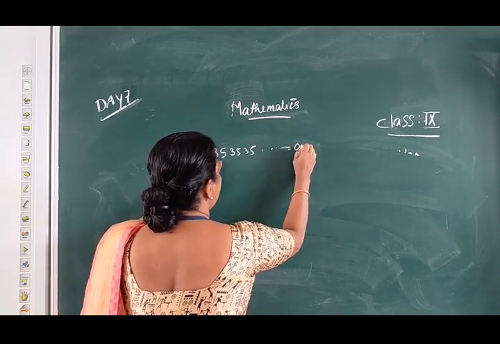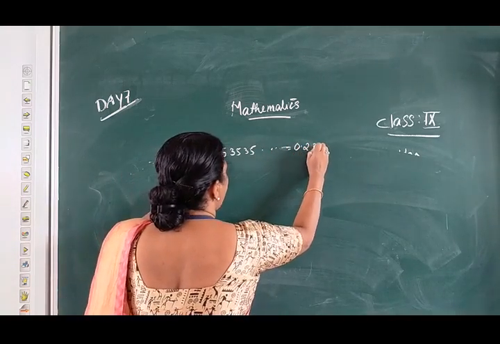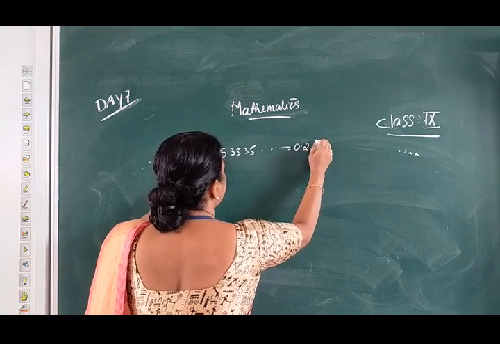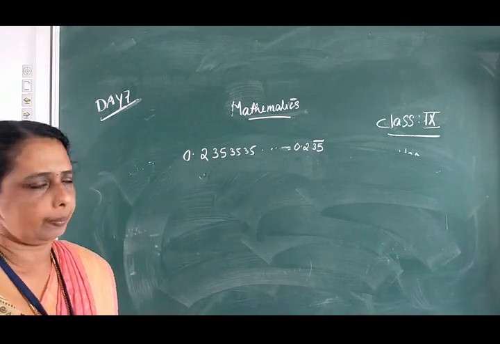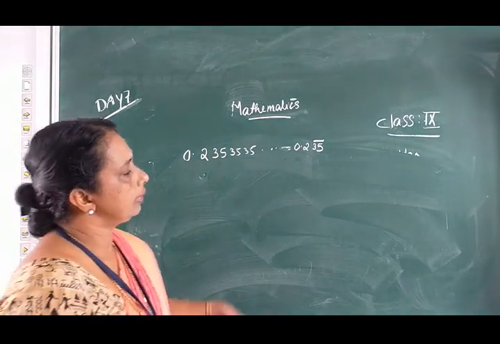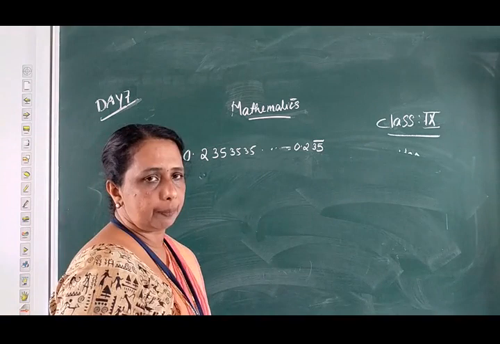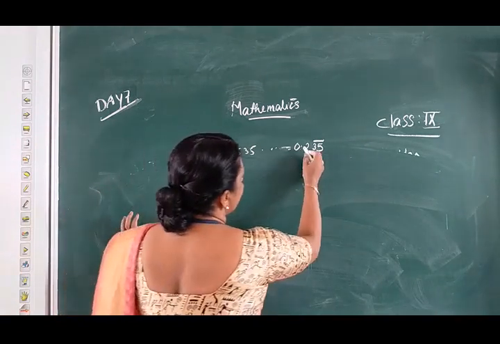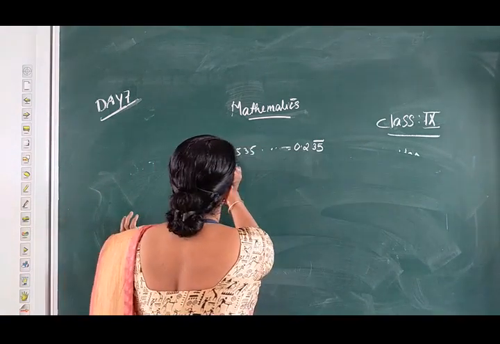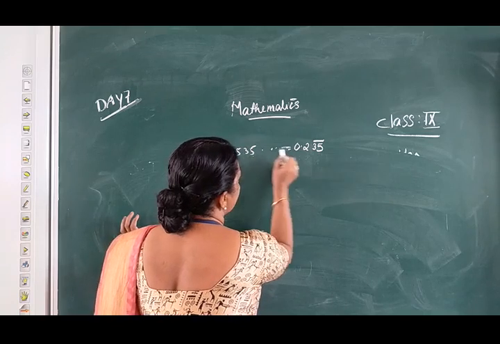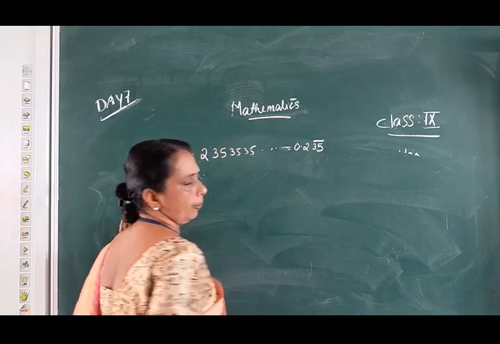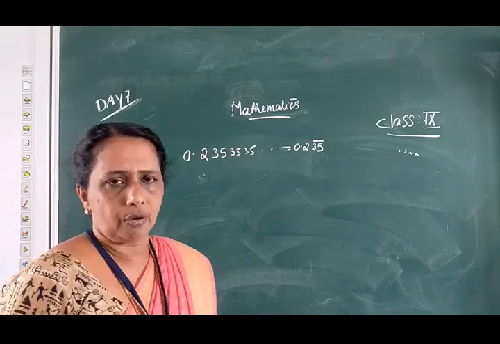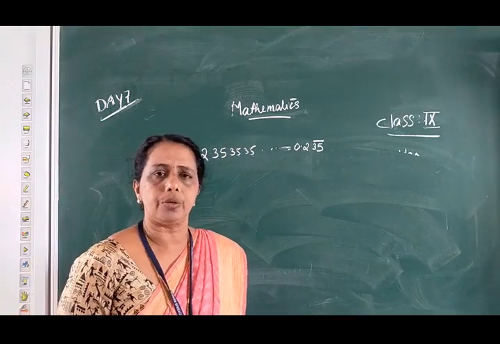That is 0.2, and we have to put the bar above the digits 35. Only 35 is repeating, 2 is not repeating. The block of digits that are repeating is represented by a bar. So in 0.2353535, only 35 is repeating, so the bar is above only 3 and 5. Express in the form p by q where p and q are integers and q not equal to 0.